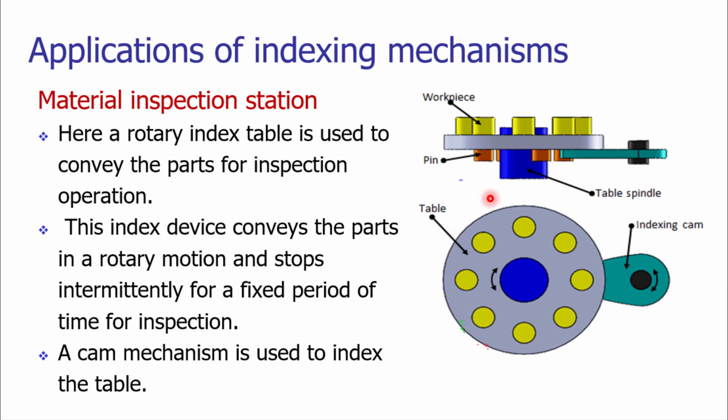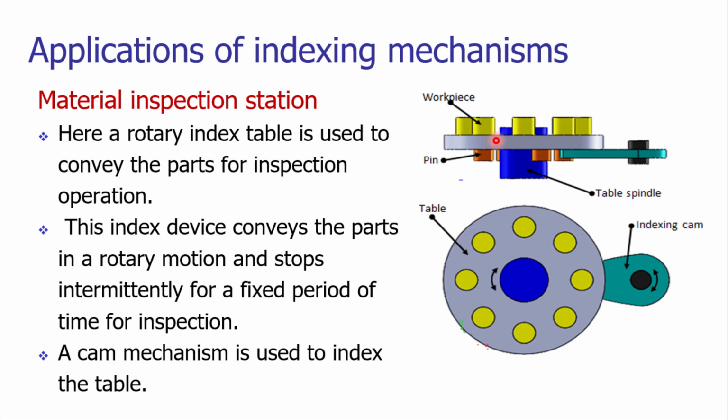There is a circular table. The table is mounted on a spindle, and the spindle is being driven by an indexing cam. Various work parts are held on the table by using various holding mechanisms, maybe mechanical holding mechanisms or magnetic holding mechanisms.